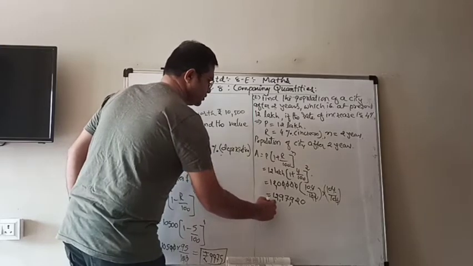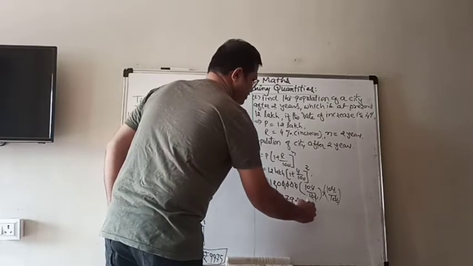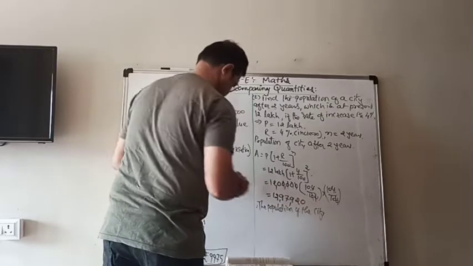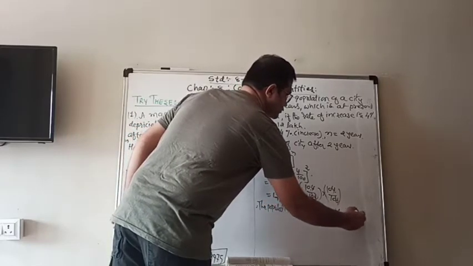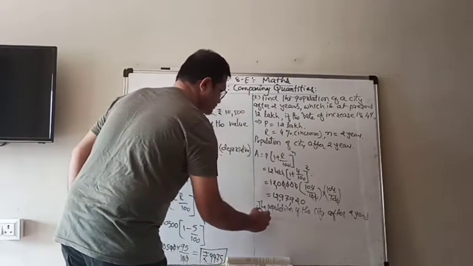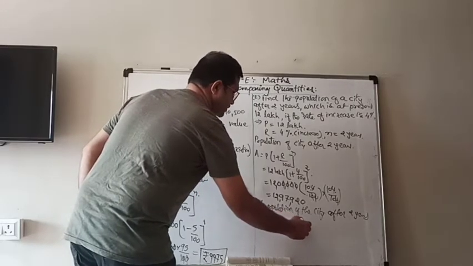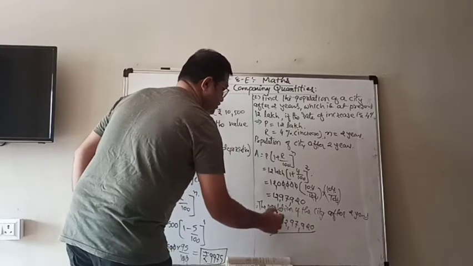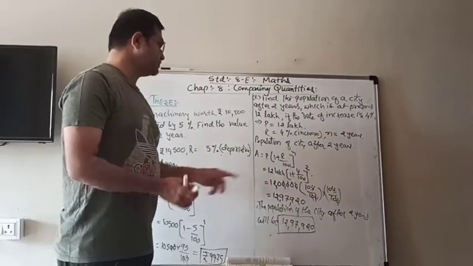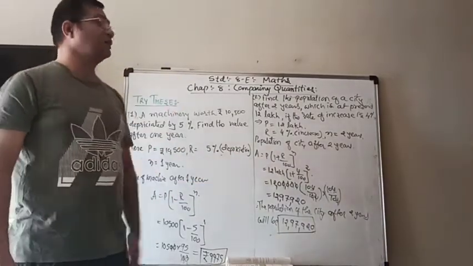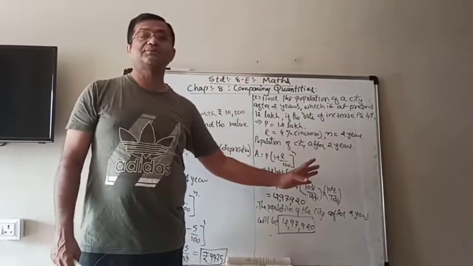Therefore, the population of the city after 2 years will be 12,97,920. So, by using that compound interest formula, we can do this type of sums.